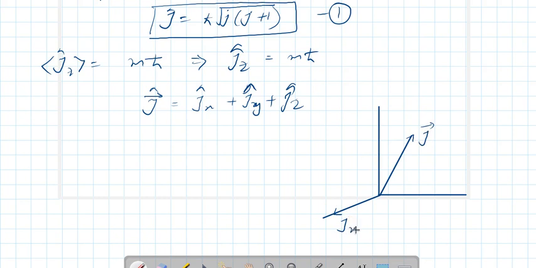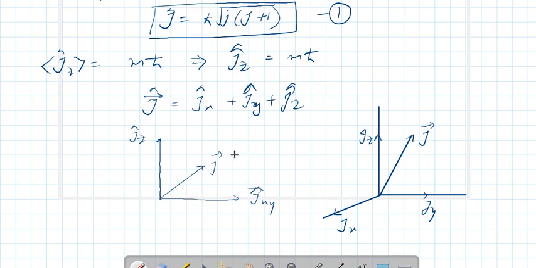This component is jx, let me call this component jy, and this component jz, right? Now let us assume that this is the jz axis, and let me call this simply jxy, which represents the xy plane. And the j will be written like this.